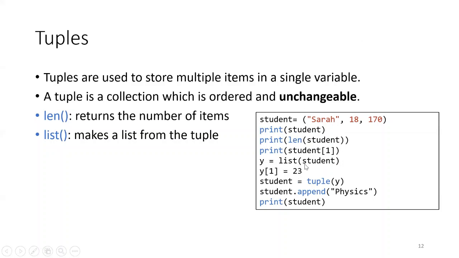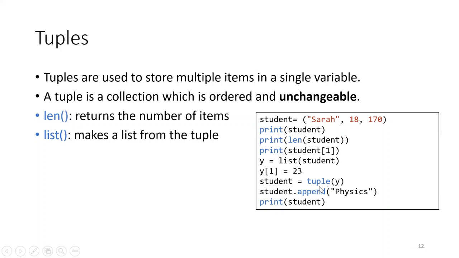We can use the list function, which is built in Python, to make a list from a tuple. You see, lists and tuples have some similar concepts. They consist of several items and they have indexes, so they can be converted to each other. And here we are updating the element in index 1 with a new value. And we can build tuples from lists, because y, you remember, is a list built on the tuple student, and then we can again convert it to a tuple.